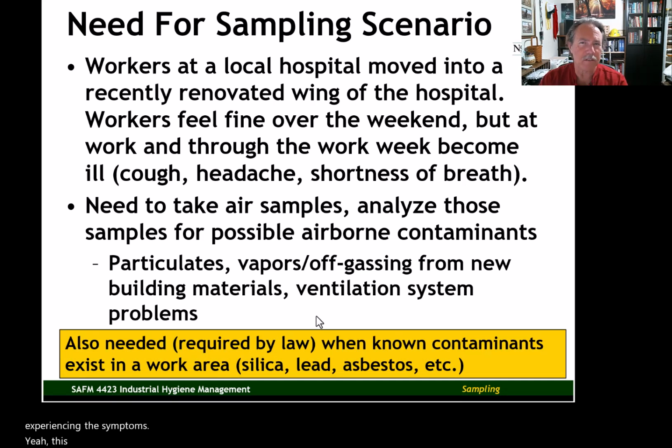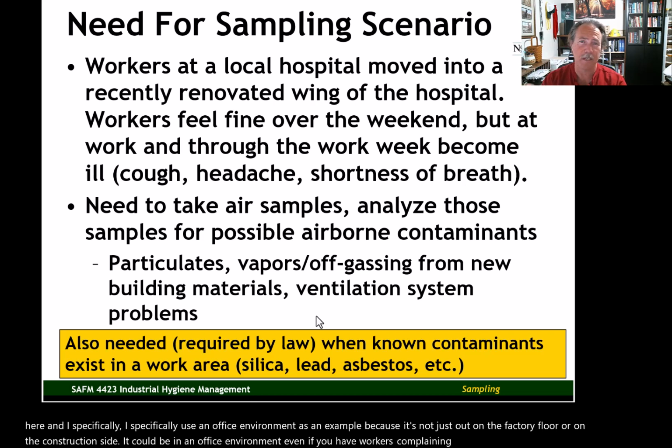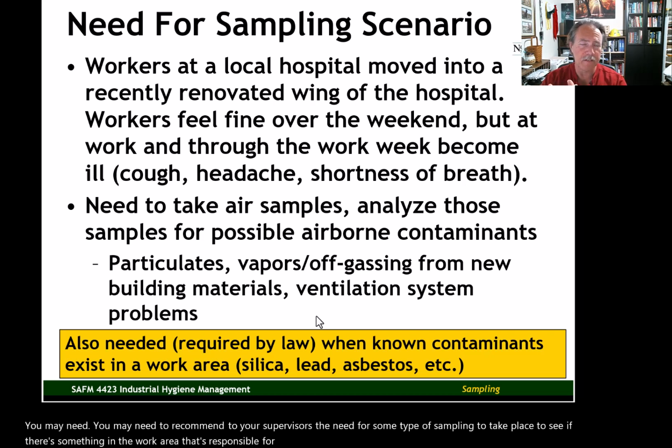This is the type of workplace scenario you may encounter, even in an office environment. I specifically use an office environment as an example because it's not just out on the factory floor or on the construction site. If you have workers complaining about certain symptoms, you may need to recommend to your supervisors the need for some type of sampling to see if there's something in the work area that's responsible for these symptoms.